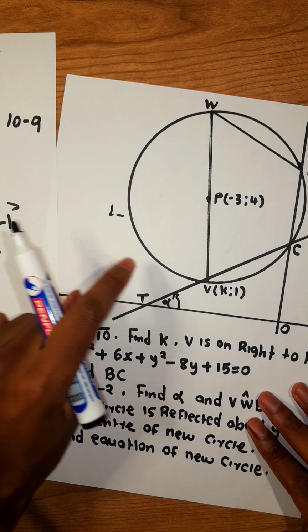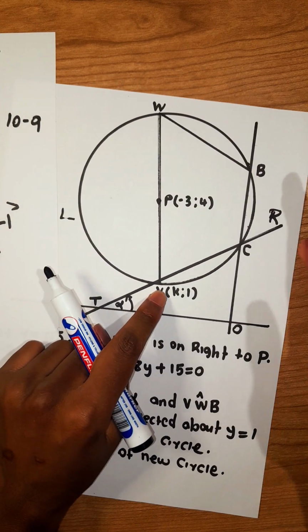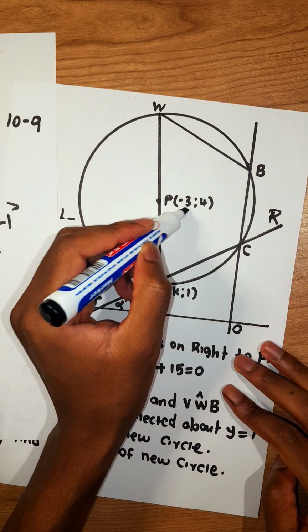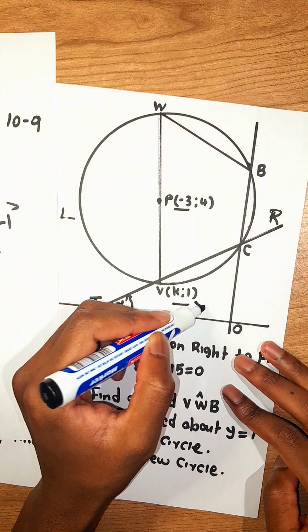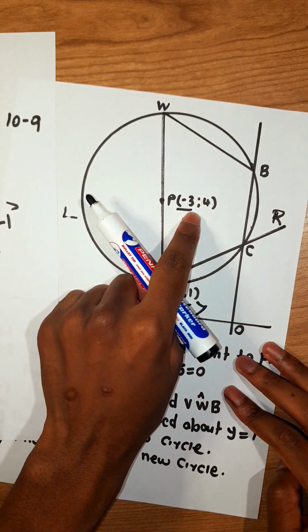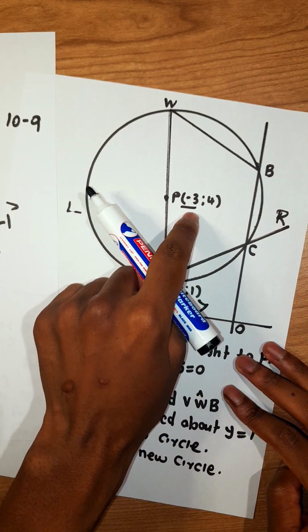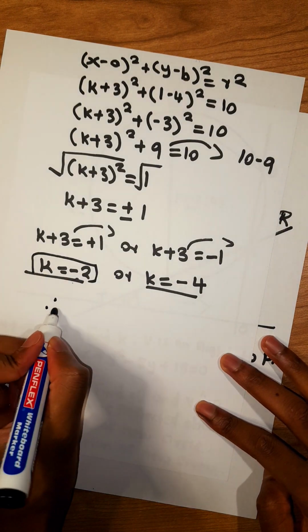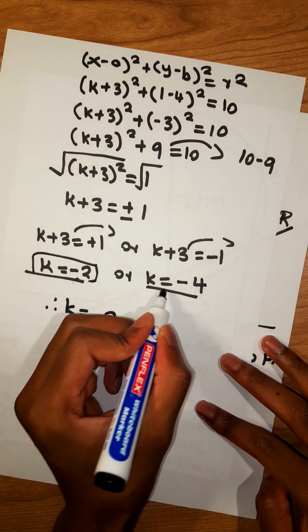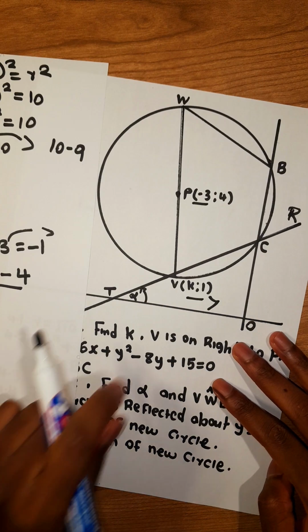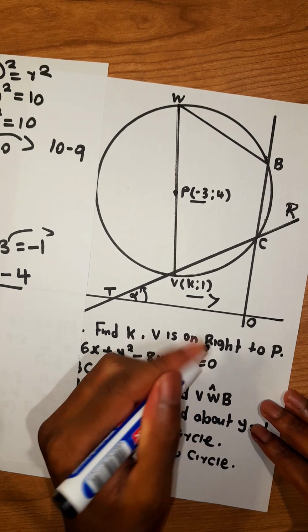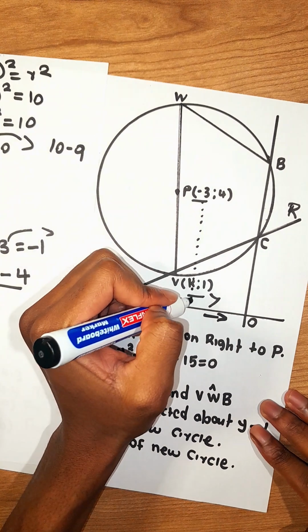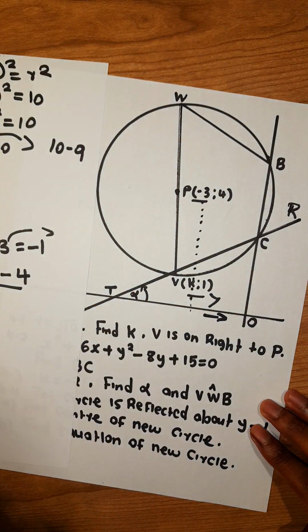They're telling me that V is on the right side of P. So if P is at minus 3, we need to push V to the right, so the value of k has to be greater than minus 3. So it means that it is going to be minus 2. We can conclude that k equals minus 2, not minus 4, because it has to be to the right.